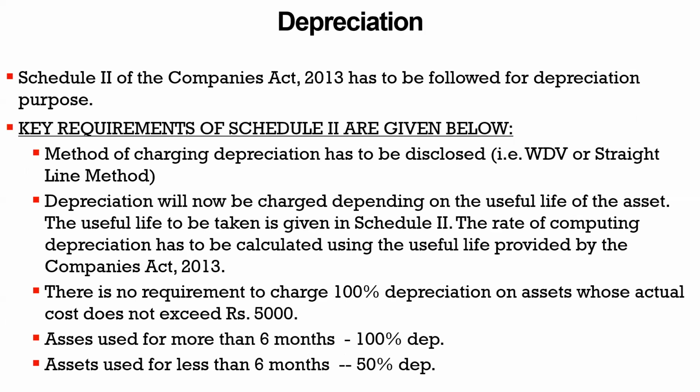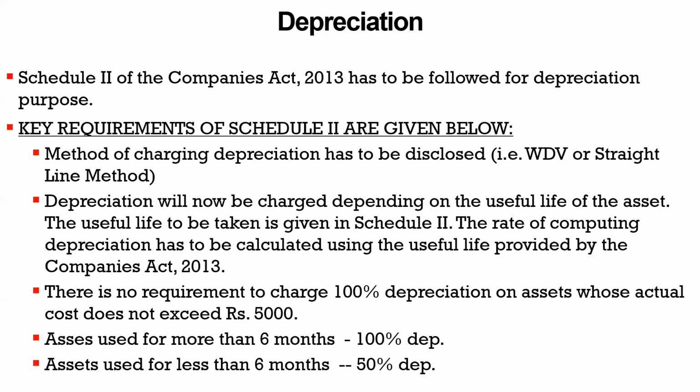Now, for depreciation, Schedule 2 of the Companies Act 2013 has to be followed. I'll just tell you here that when the Companies Act 2013 came into force, it completely changed the calculation and manner of depreciation.